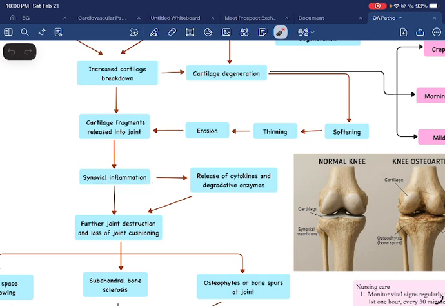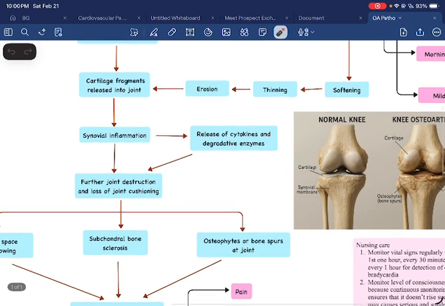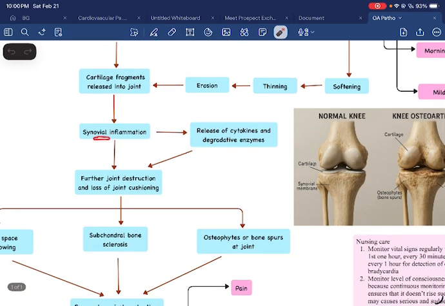When there is inflammation, our body will release cytokines and enzymes such as interleukins, and this inflammation of the synovial space or joint will cause further joint destruction and also loss of joint cushioning.